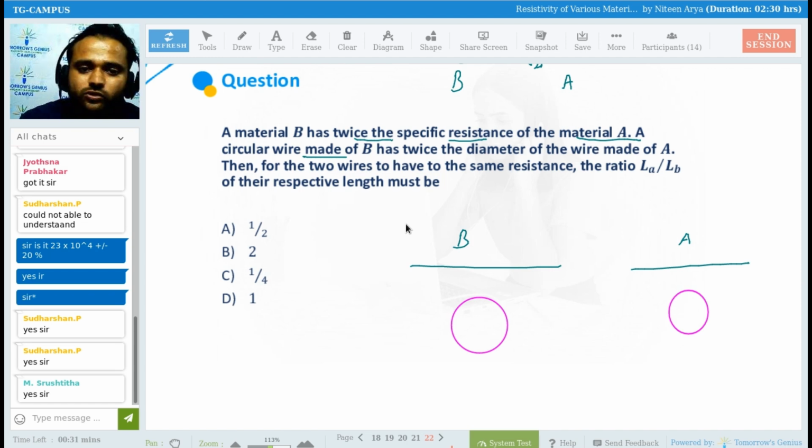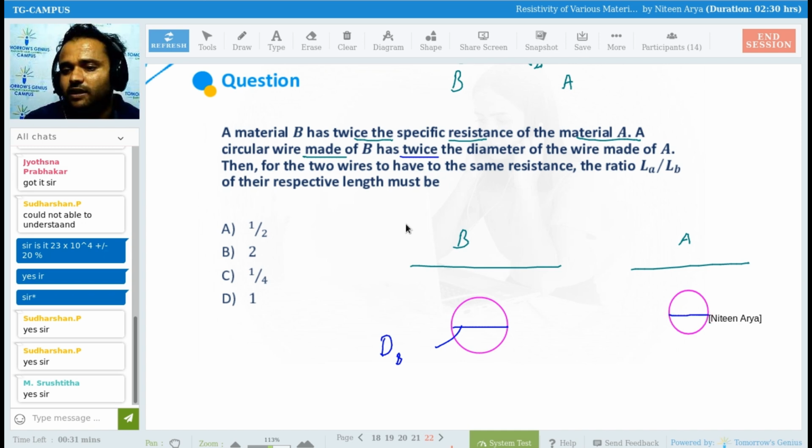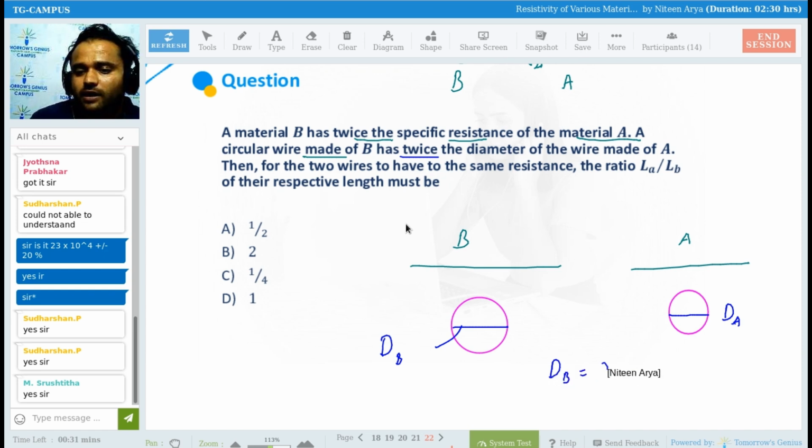So a circular wire made of B has twice the diameter of the wire made of A. Again, the diameter of B is twice the diameter of A.